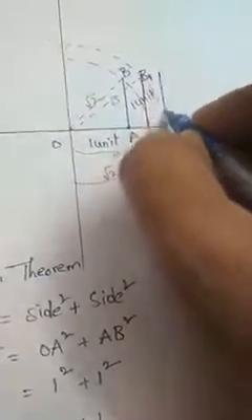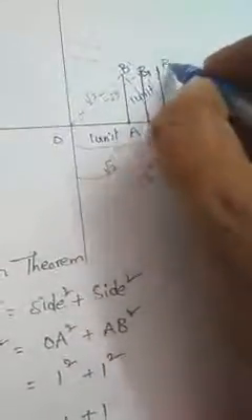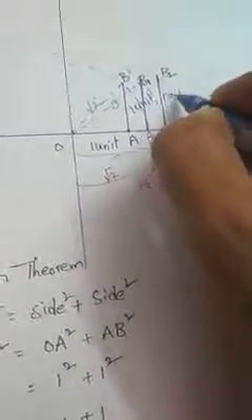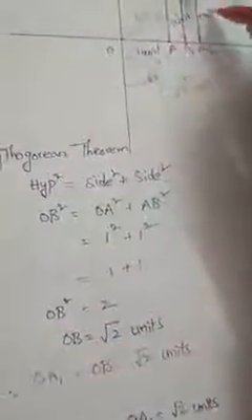How will I construct them? I'll draw one more line called A2B2, with a distance of 1 unit only. I'll join OB2 and find it through the Pythagorean theorem, and if I draw that line, it will meet at root 4 units, that is, you can write 2 units.